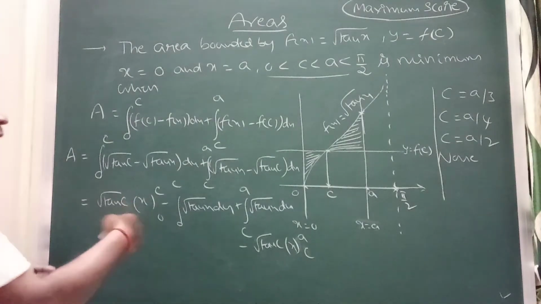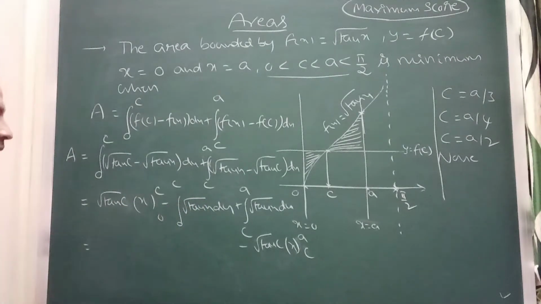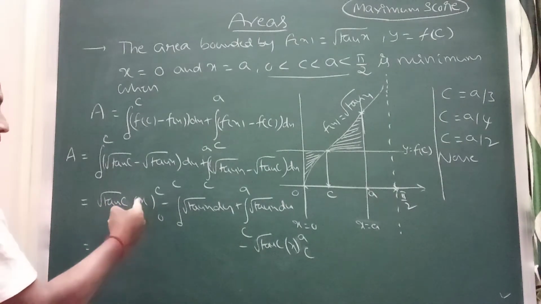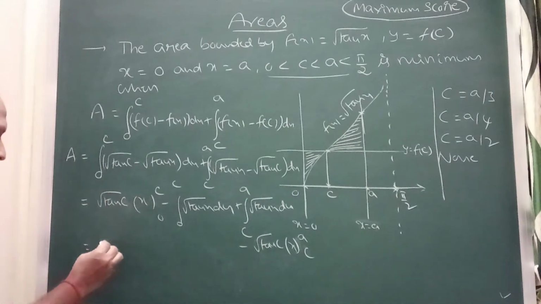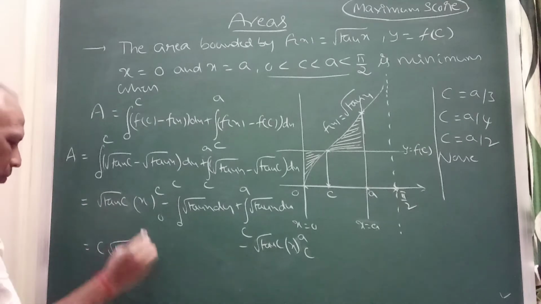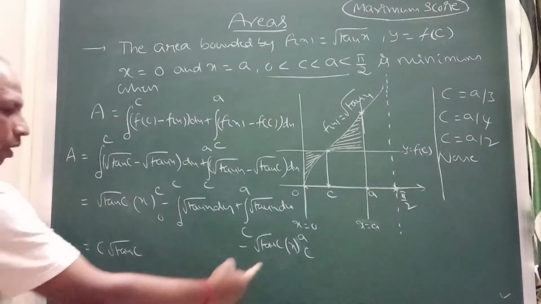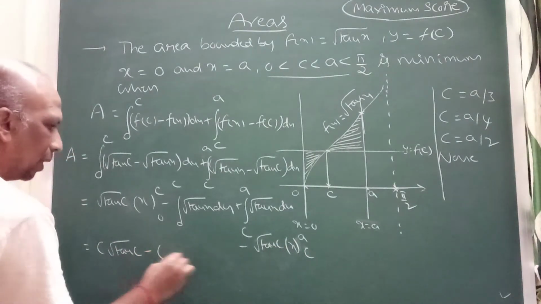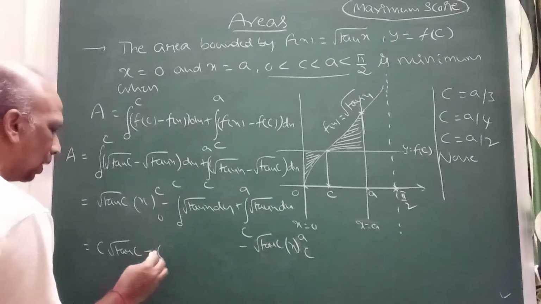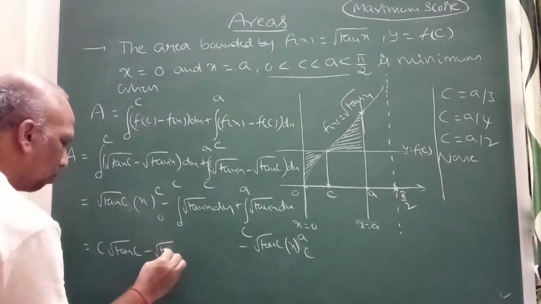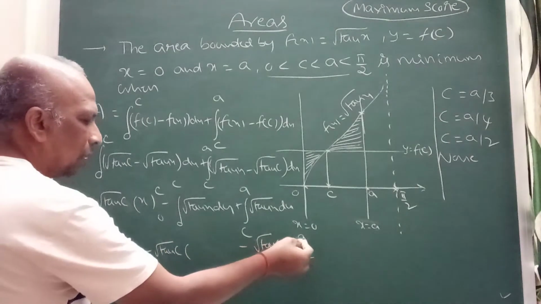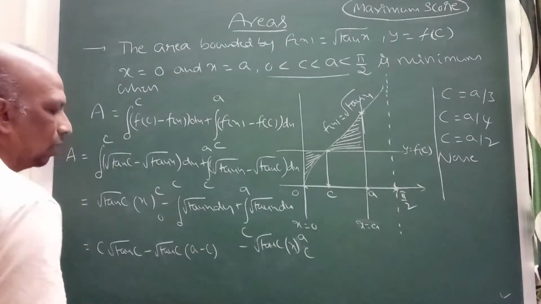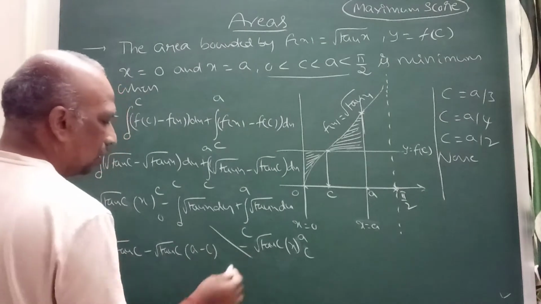So you can check what value it comes to now. For the first part, root tan c times c minus 0 comes to c root tan c. Here also you can apply the limits: minus root tan c times upper limit minus lower limit, a minus c, right?